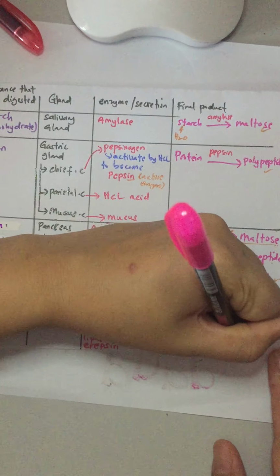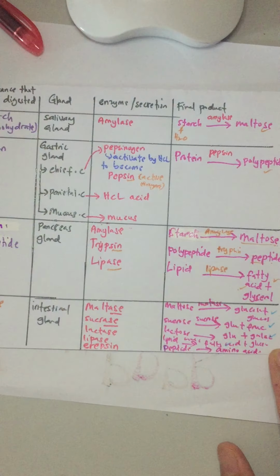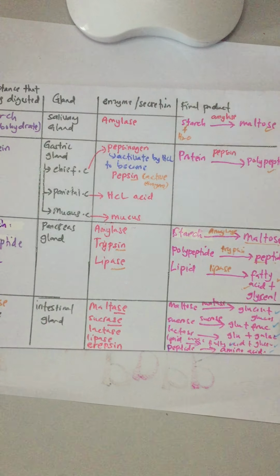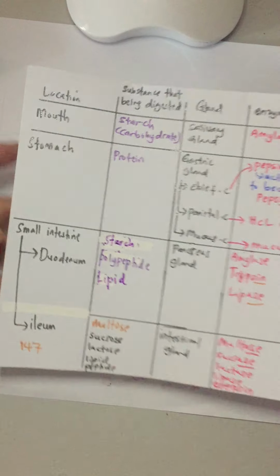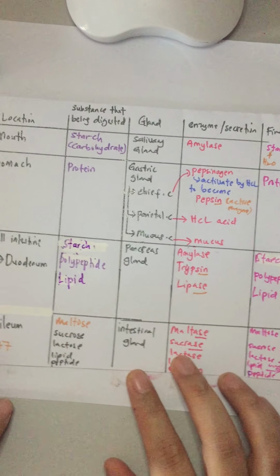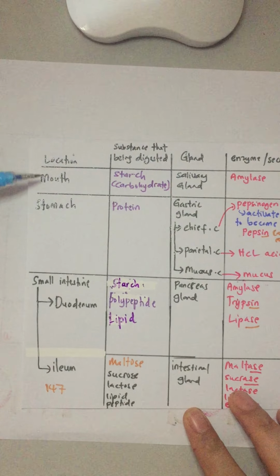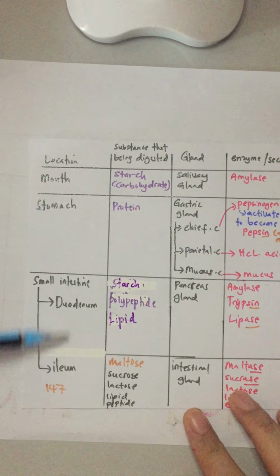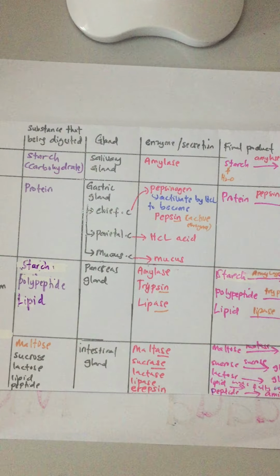Amino acid. Okey, jadi kamu boleh nampak di sini dia semua sudah jadi simplest form. So the simplest form is achieved. Okay, so itu adalah digestions in 3 location: mouth, stomach and small intestine. Small intestine kamu kena faham dua ni. Okay, thank you very much.